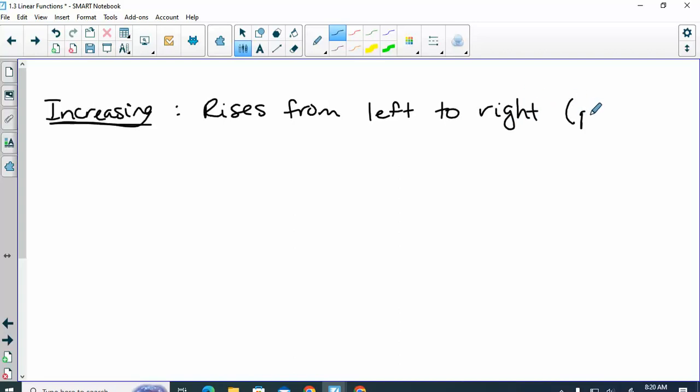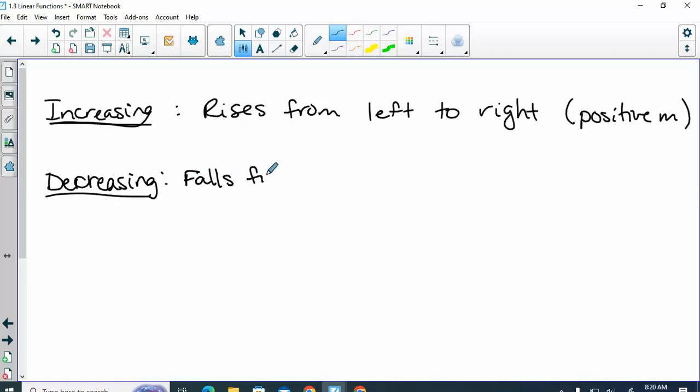So that means a positive slope. Decreasing falls from left to right. That's a negative slope.